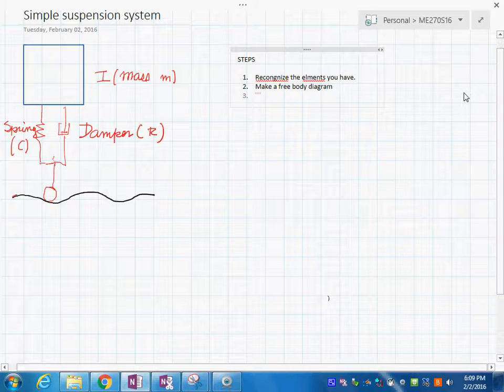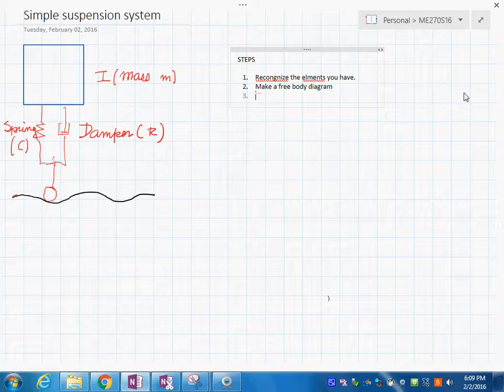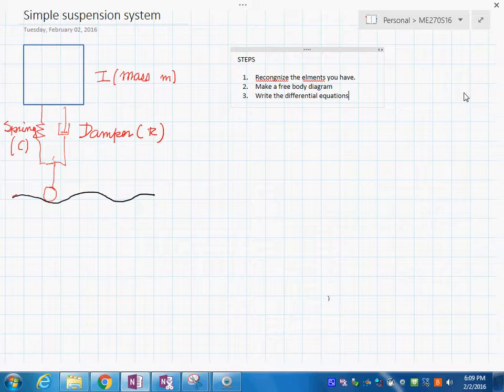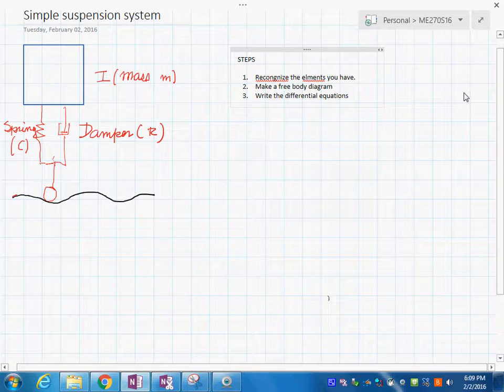After you make the free body diagram, you write the differential equations. And then what we need to do is shift these differential equations into graphical form.